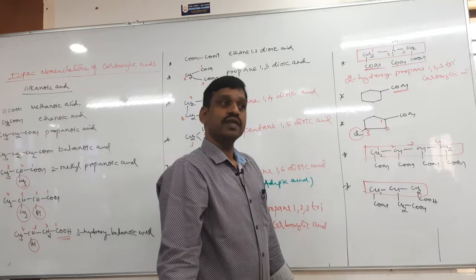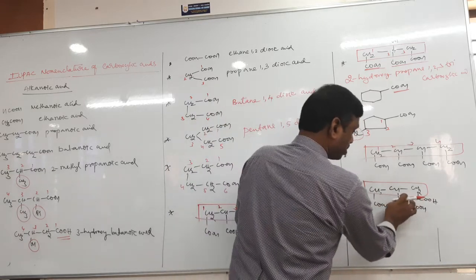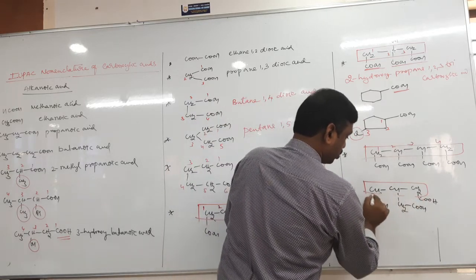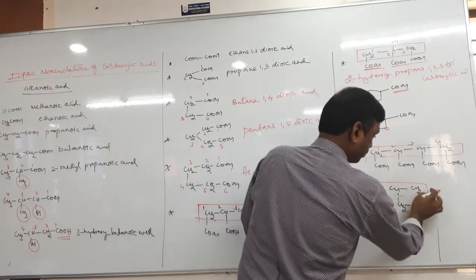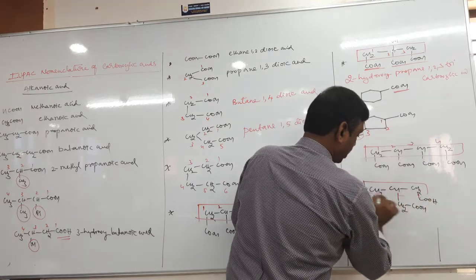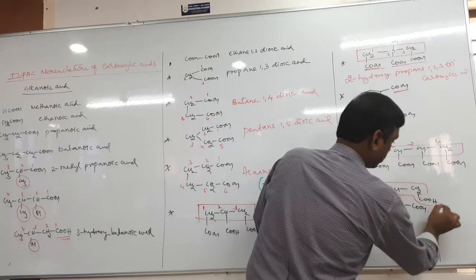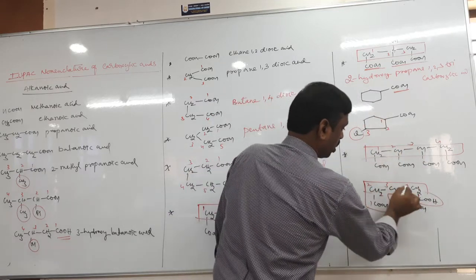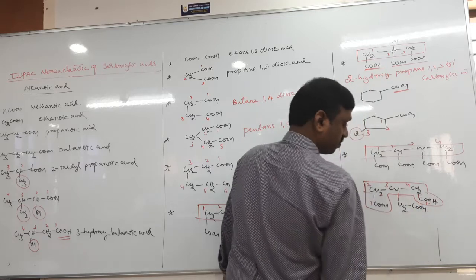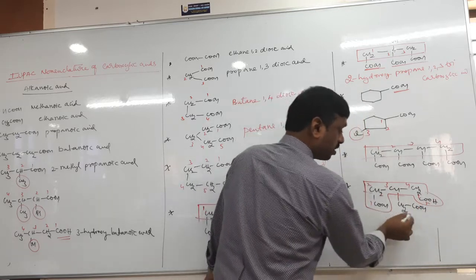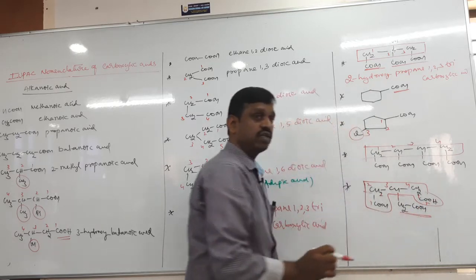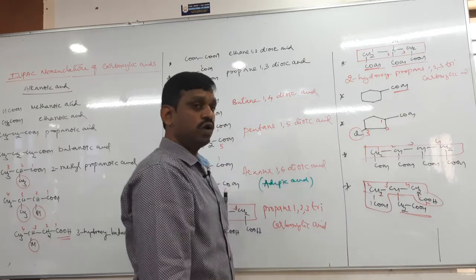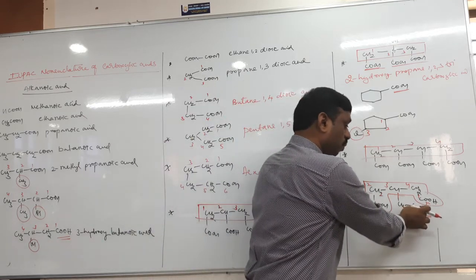Okay. Now what I do is, you take this as the parent chain. So 5 carbon atoms is the parent chain. 1, 2, 3, 4, 5. But on the third carbon there is a side chain. Which is a side chain? CH2 COOH, which is called carboxymethyl.